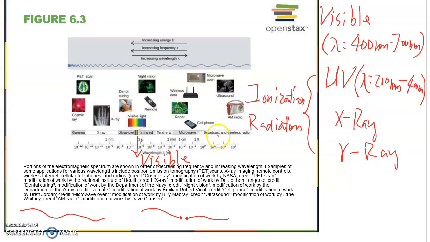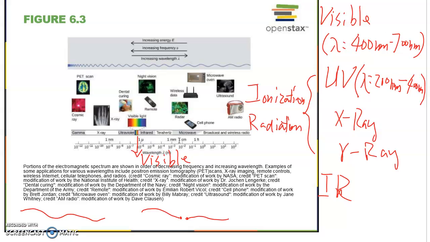Okay, so what about the wavelength that is larger than the visible light? The closest one is called infrared, also called IR. Infrared, usually it is in terms of heat. And next to infrared is microwave.